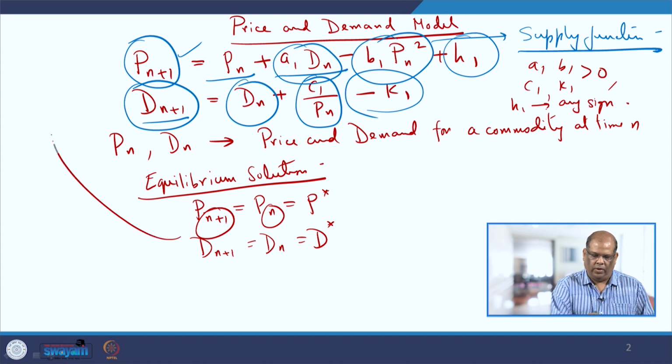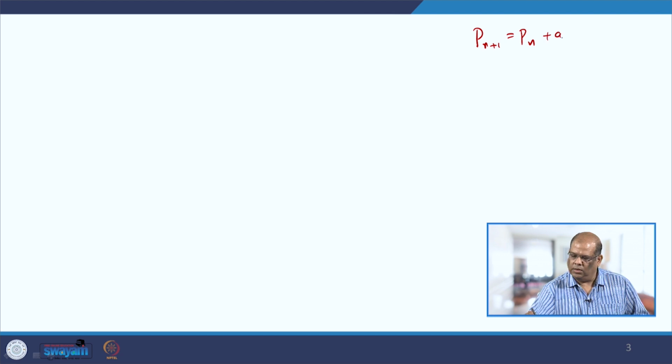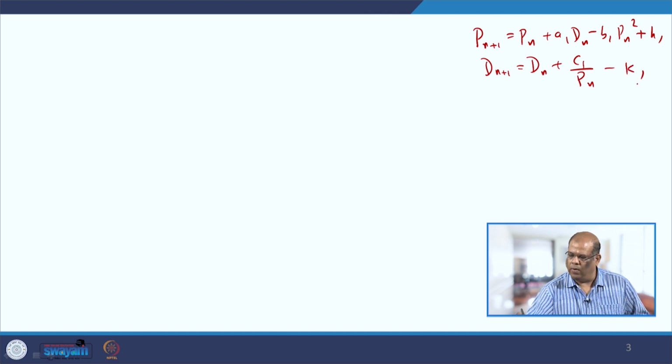Quickly writing the equations: Pn plus 1 equals Pn plus A1 Dn minus B1 Pn square plus H1, and Dn plus 1 equals Dn plus C1 by Pn minus K1.